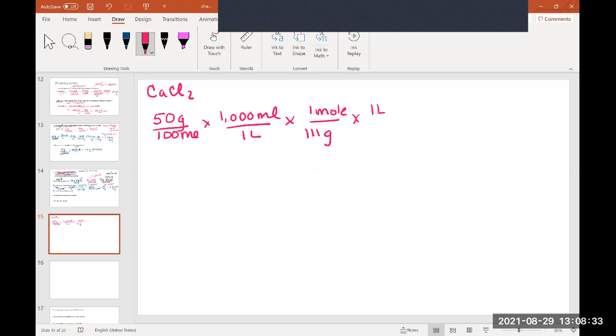And for every liter of water, it is a mass of 1 kilogram. My units cancel out there. My units cancel out here. My units will cancel out there, and I'm left with just basic multiplication and division. And I get 4.5 moles per kilogram for its molality.